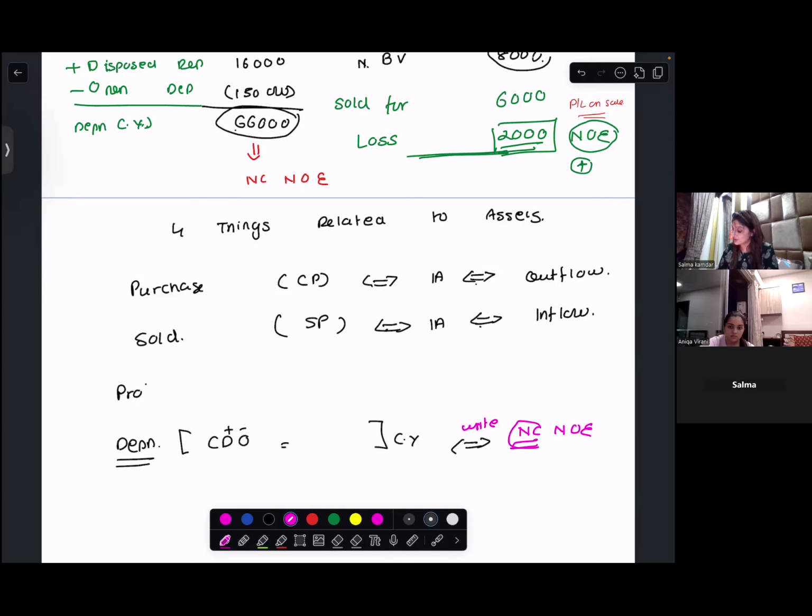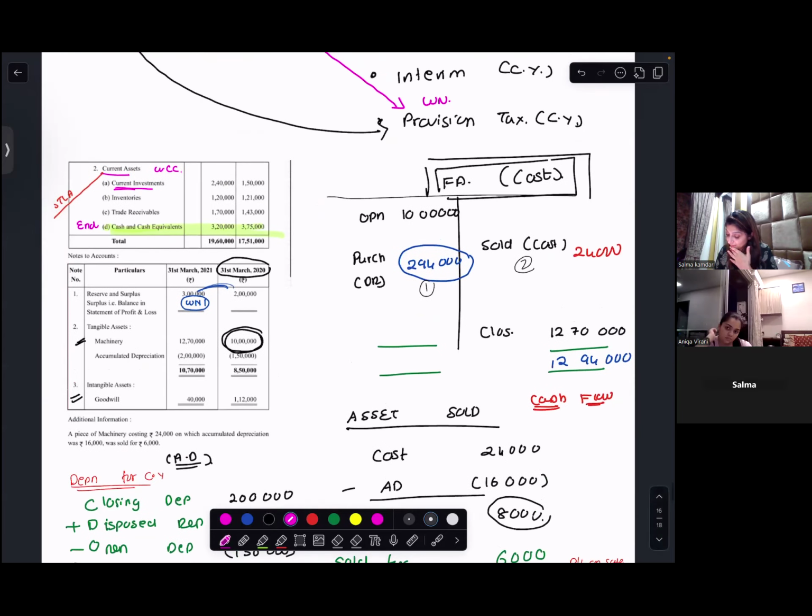This is a non-cash expense. Then profit or loss on sale: non-operating expense or non-operating income. It is not non-cash, it is non-operating. With me? Yes.